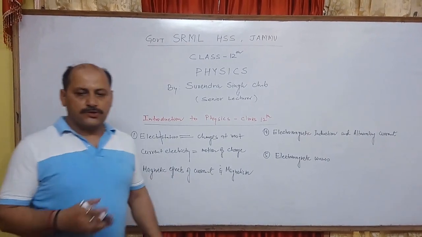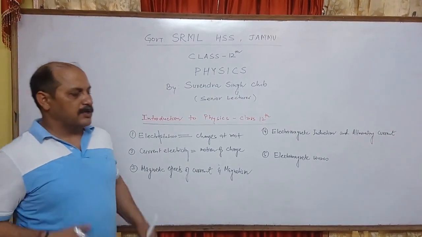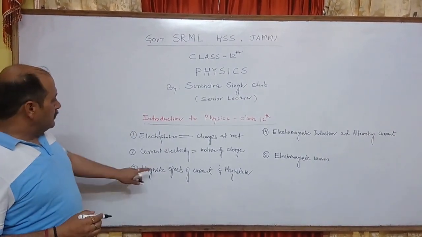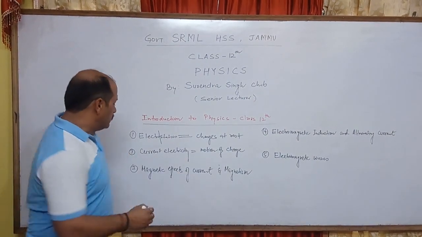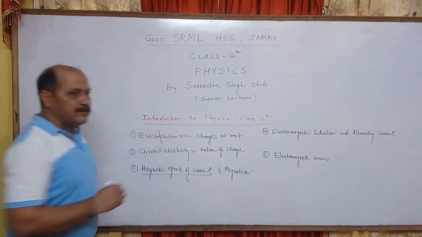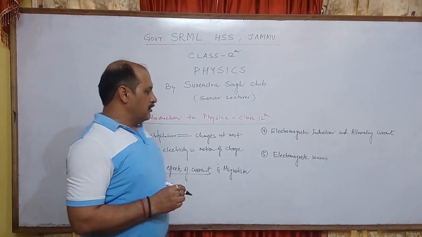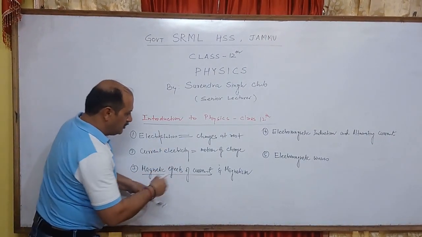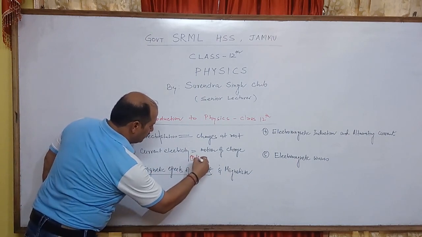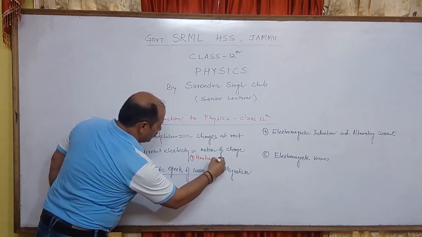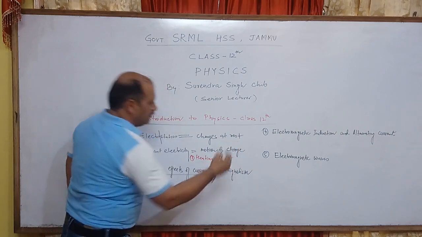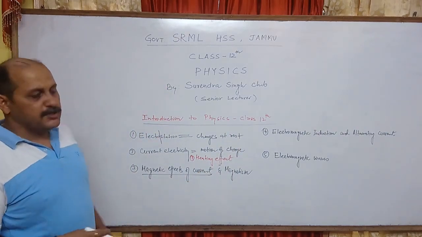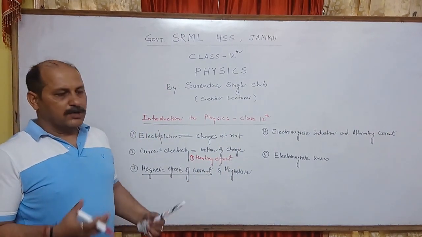In the next unit, we'll study what happens when current moves in a wire, that is, the magnetic effects of current. The current has many effects basically. First effect is the heating effect. For example, when current is passed through the heater, तो गर्म हो जाता है.